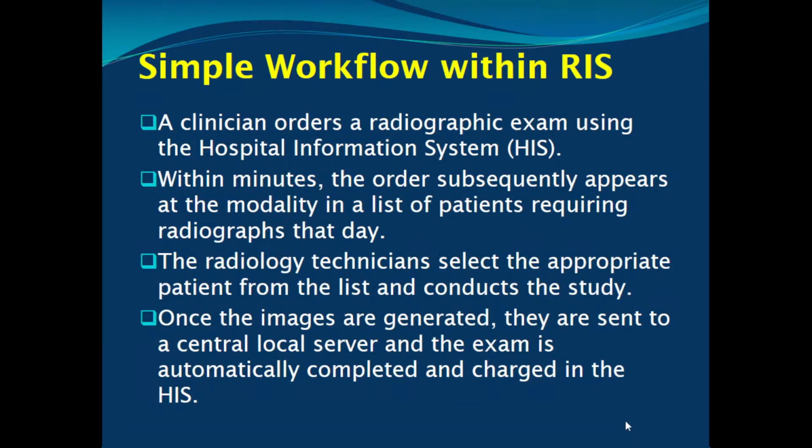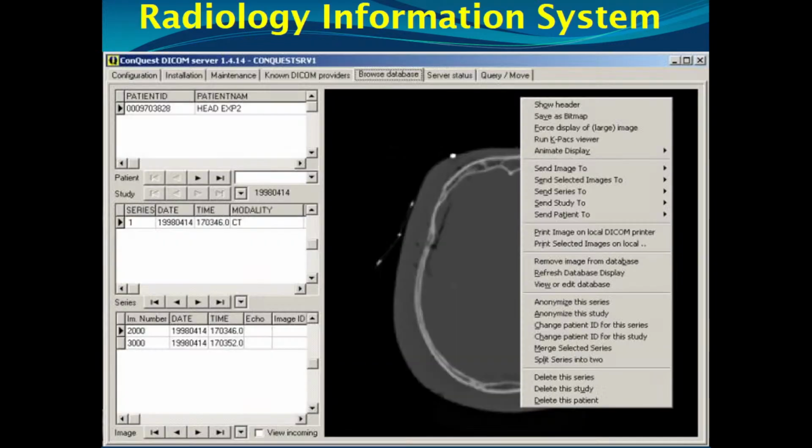At this slide, you see a simple workflow within a radiology information system. The clinician orders a radiographic exam using the hospital information system. Within minutes, the order subsequently appears at the modality in a list of patients requiring radiographs.